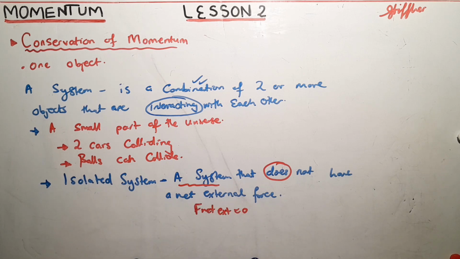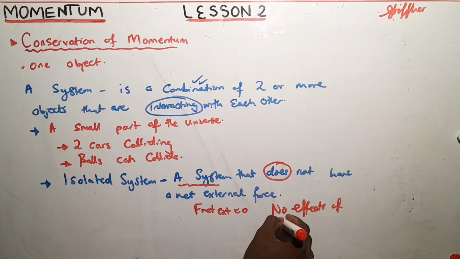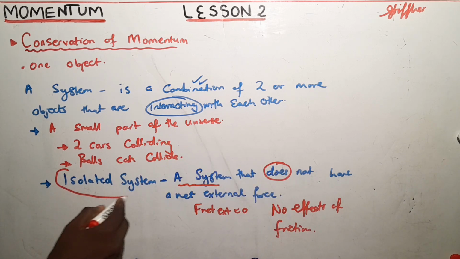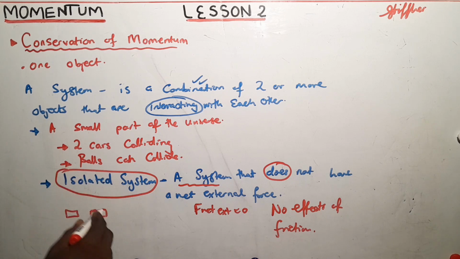So there are no effects of friction. That is an isolated system. So we are going to be talking about objects that are just colliding without any effects of external forces, right? That's what we are going to be talking about today, an isolated system.